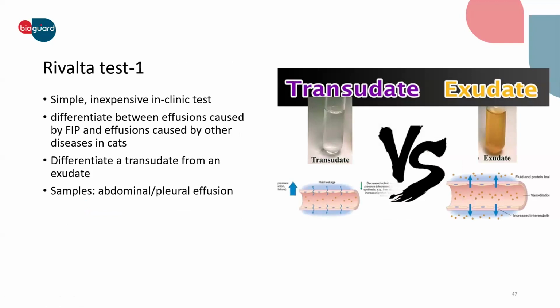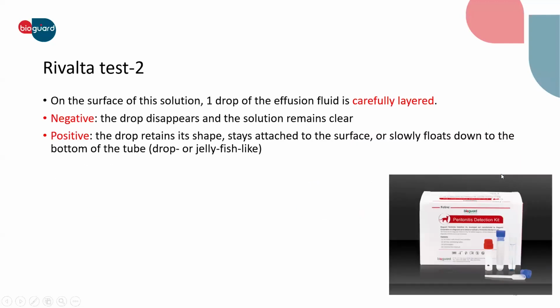It mainly differentiates between effusion caused by FIP and effusion caused by other diseases in cats, so it differentiates a transudate from an exudate. It's simple, just one drop of effusion fluid on top of the test reagent.